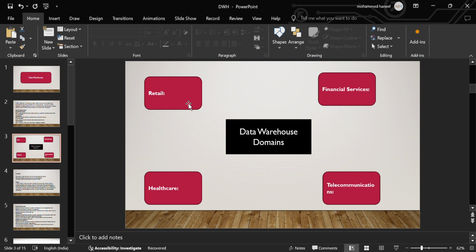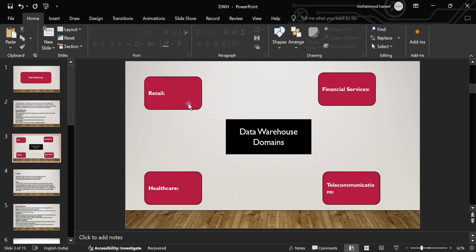This is also important, because the projects which will run are based on sales, financial, healthcare, and telecommunication.